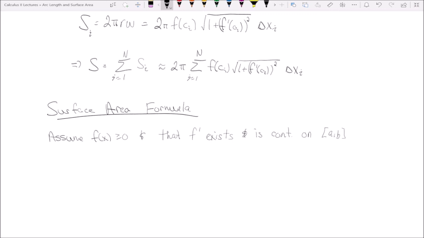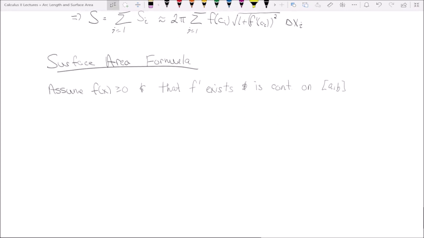Right, so we're assuming that f of x is greater than or equal to 0, and that f prime both exists and is continuous on the interval a to b.